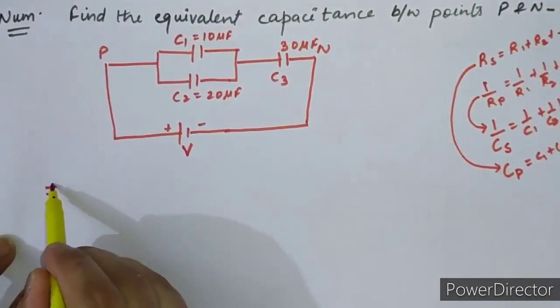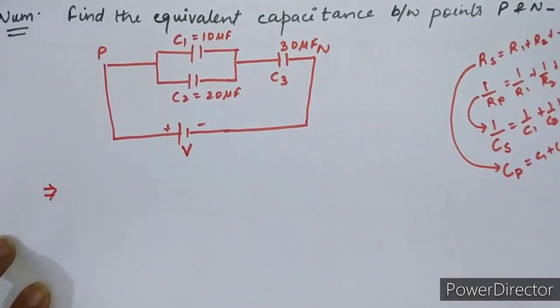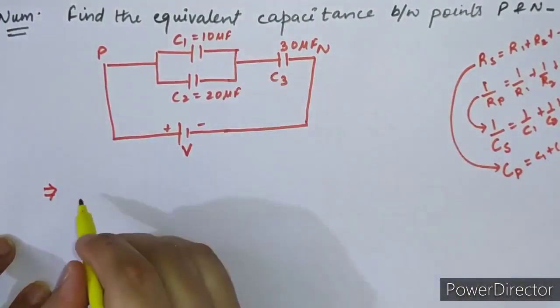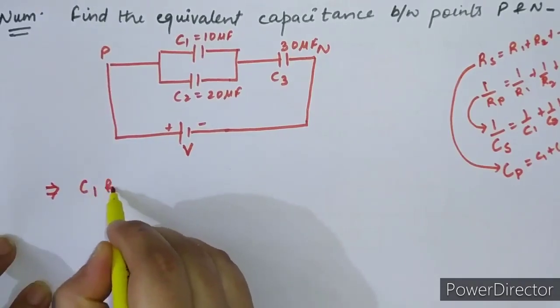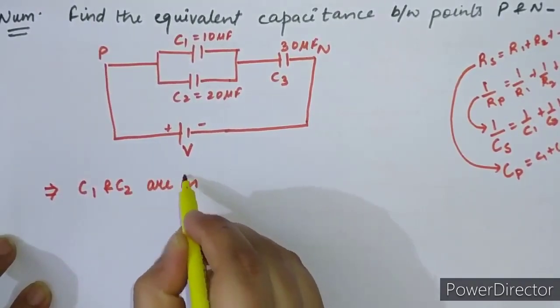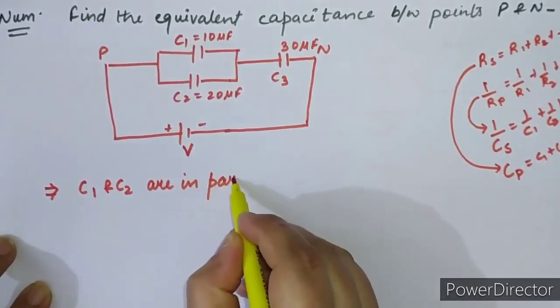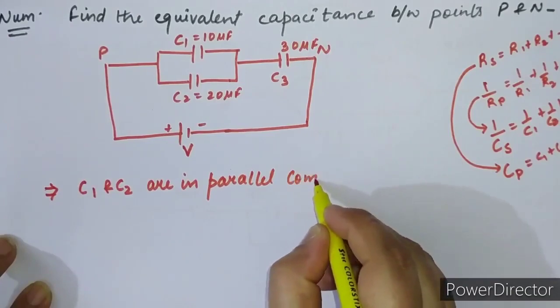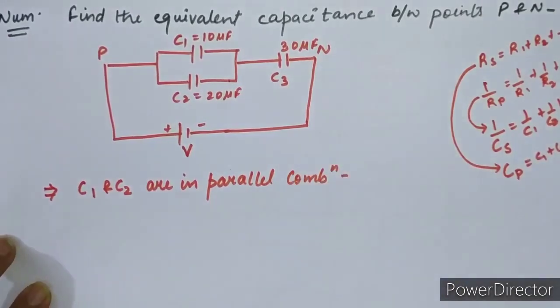Look at it carefully. In the first step, as we know, both the capacitors C1 and C2 are in parallel combination.